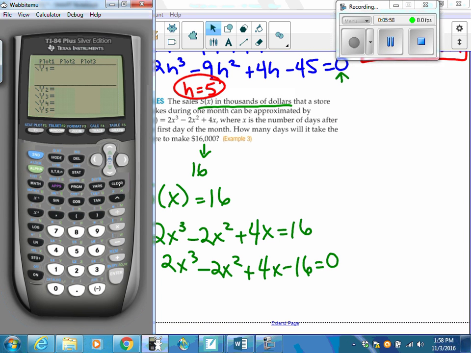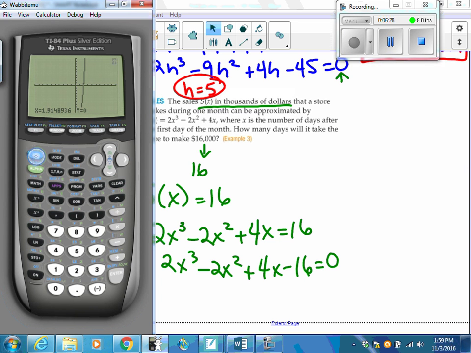So clear out my old function. 2x cubed minus 2x squared plus 4x minus 16, and graph that. And again, I've only got one value. It wouldn't make sense really to have multiple values. It just means that my other values are going to be imaginary numbers. So it looks to be about 2.